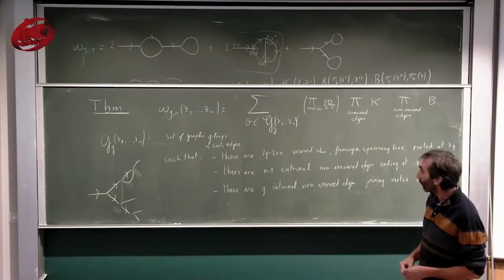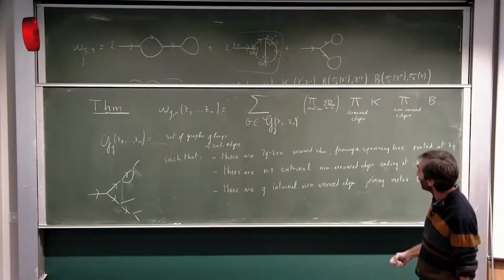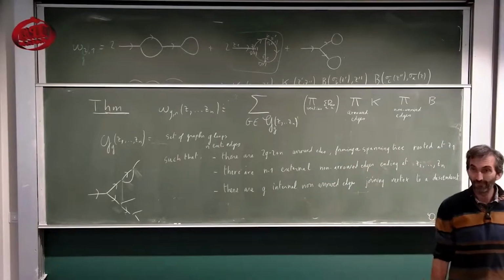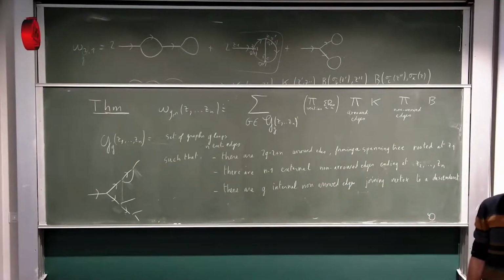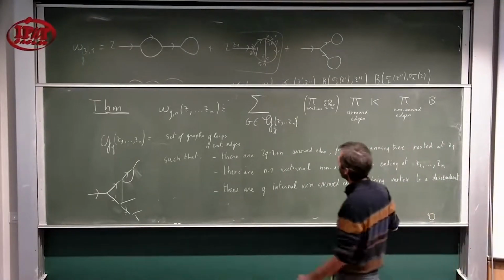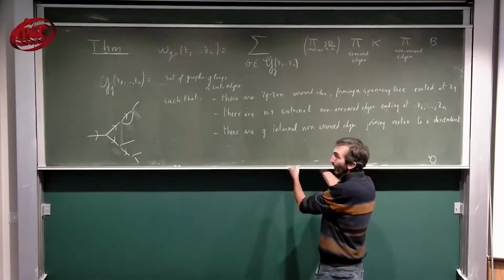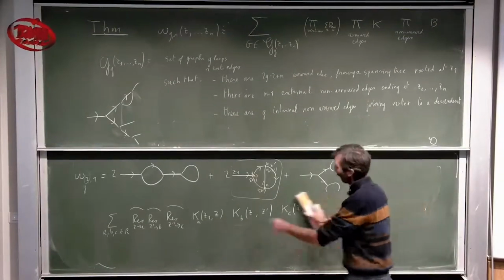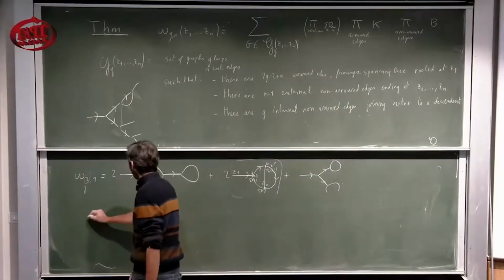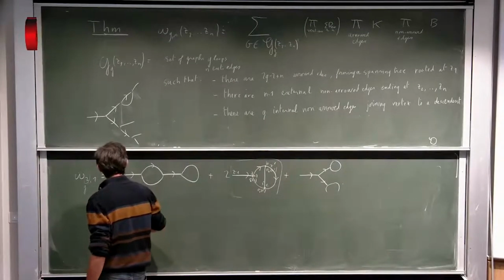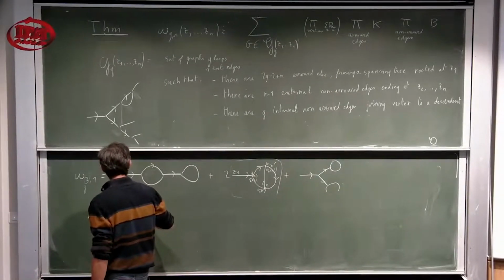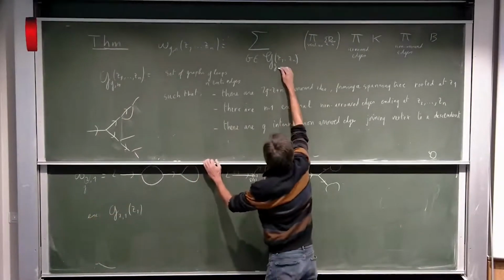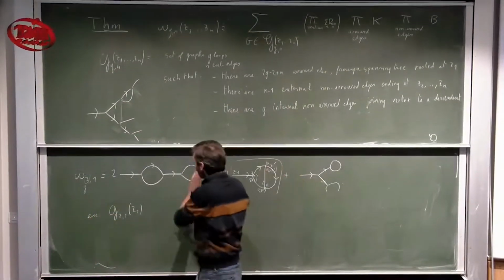Yes, so one easy way to construct them is first to construct all the trees with 2g minus 2 plus n edges, and then you fill with the rest. For example, we illustrate that for omega g n, one of z1.